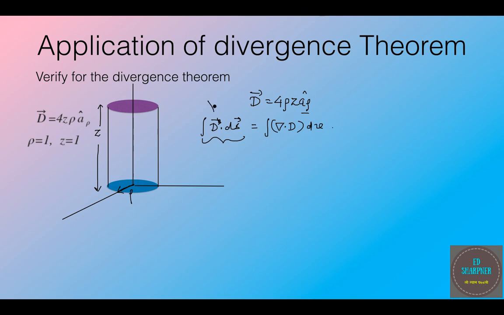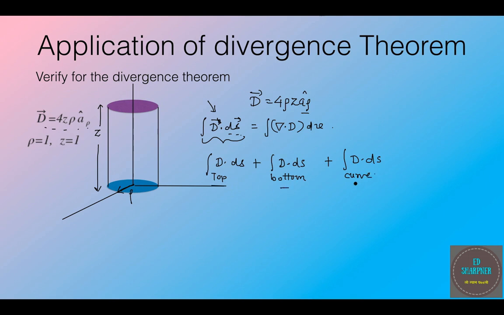Now looking at D, we have the value and we don't know what is ds. ds is an elemental area for the given figure. Now we can split this term as D dot ds for the top surface plus D dot ds for the bottom surface and D dot ds for the curved surface.